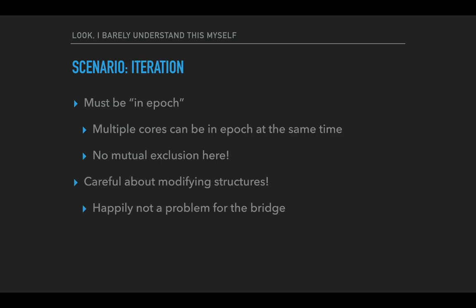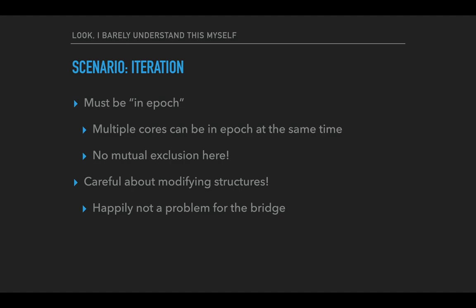Iterating, reading is the easiest one of all because we don't need to take locks. We can do that on all cores at the same time. We're only reading data structures because we can't go and modify them while we're reading without any further locking taken, but we can just read them.